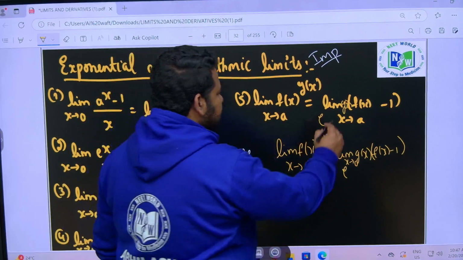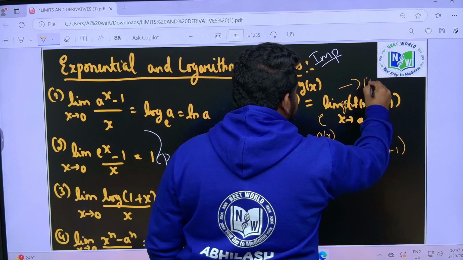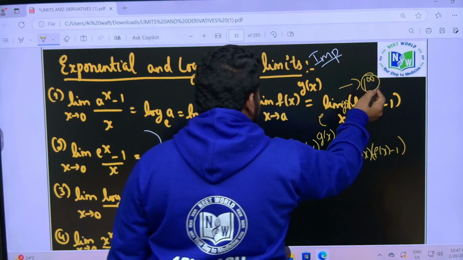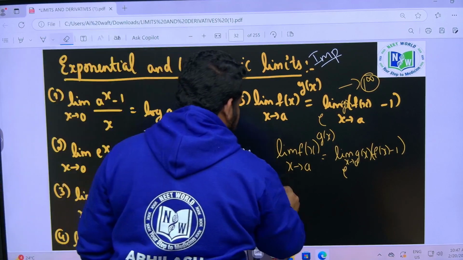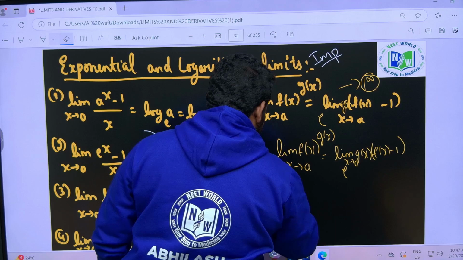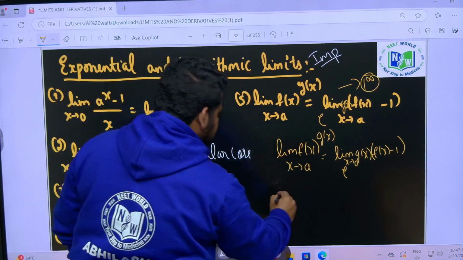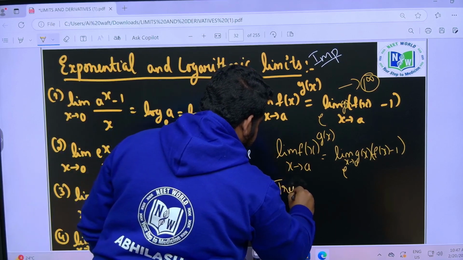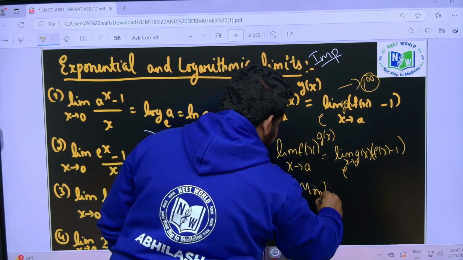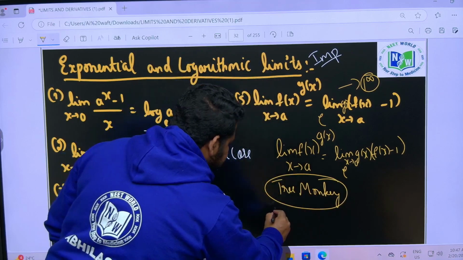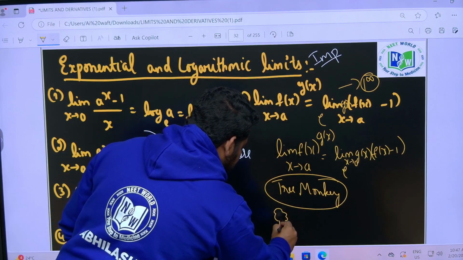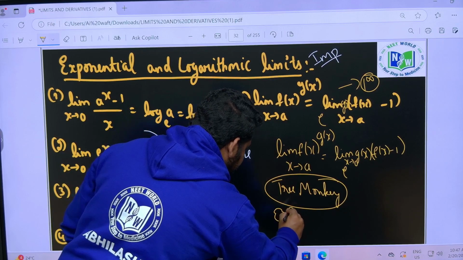This is useful for solving limits of the type 1 power infinity. This is called the tree monkey property. Suppose here there is a tree, here there is a monkey.